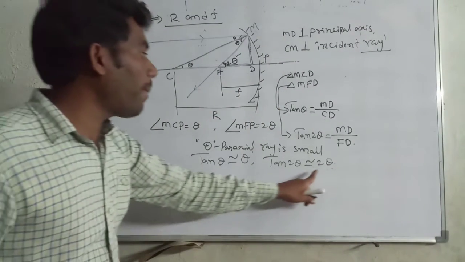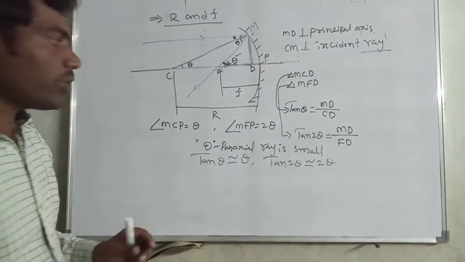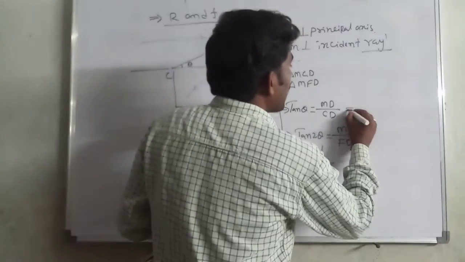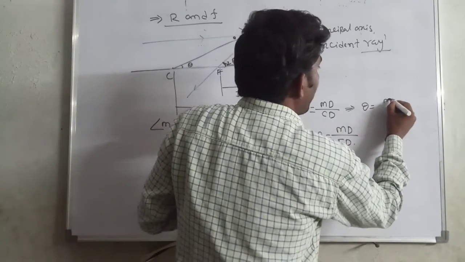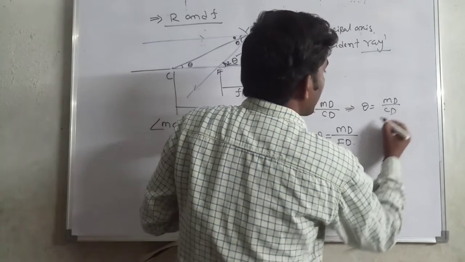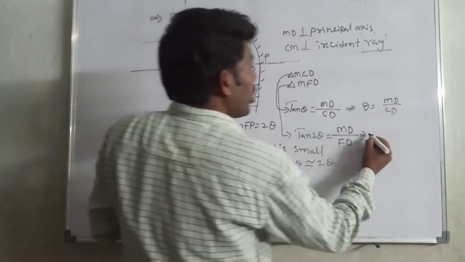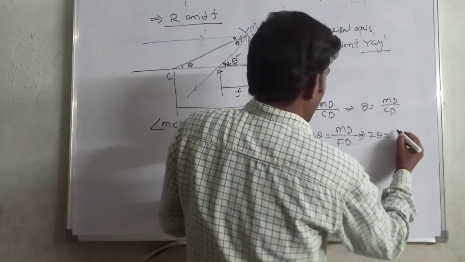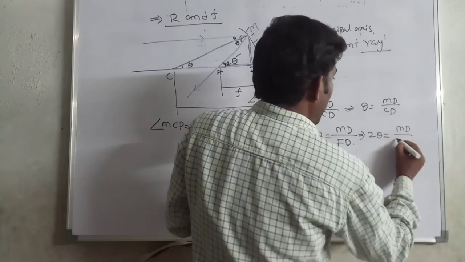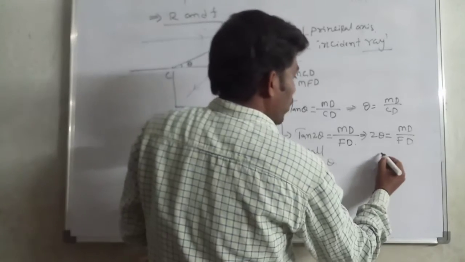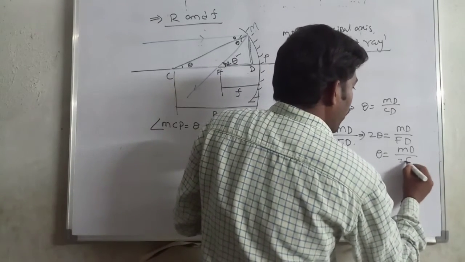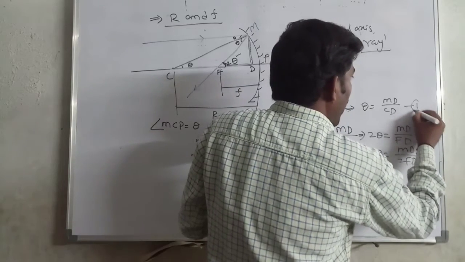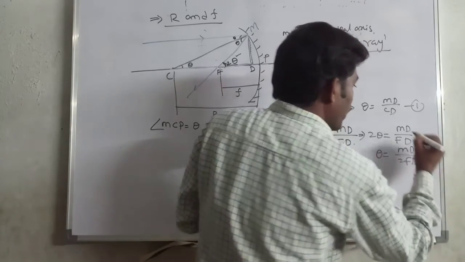This is the most important point. That's why the equations are modified as theta equals MD by CD, and 2 theta equals MD by FD, so theta equals MD by 2FD. This is equation 1 and this is equation 2.